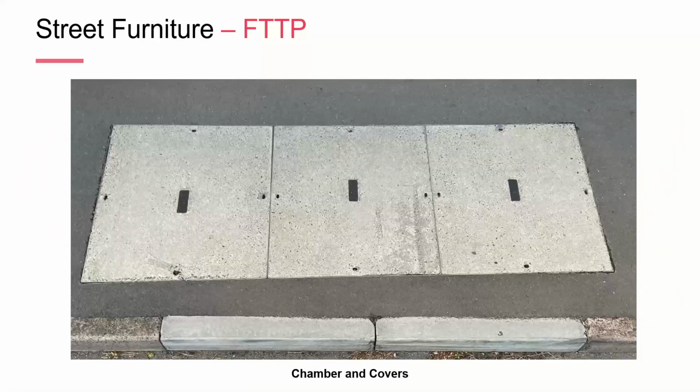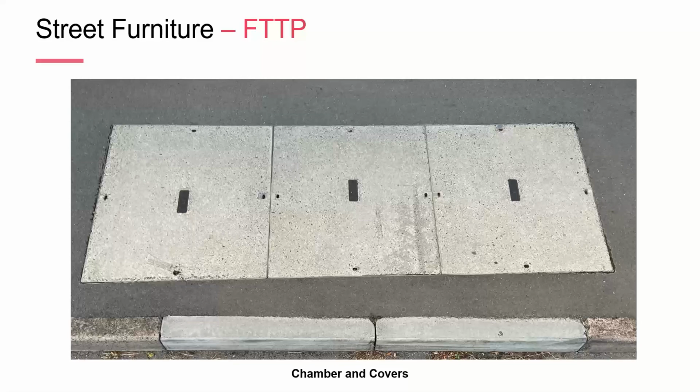Then if we look at FTTP, it's a little bit more boring, because there's not as much stuff to see in many cases, because a lot of it's hidden in the joint boxes and in the chambers underneath the street, and just has covers on them. The covers may be labelled Cat V, or alternatively might have some sort of BT logo, or in some cases, depending on how long it's been, there are various different operators that have placed them over time, so there can be Telewest logos on some of these as well.